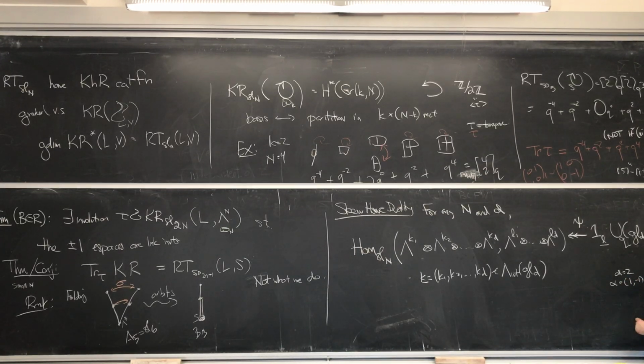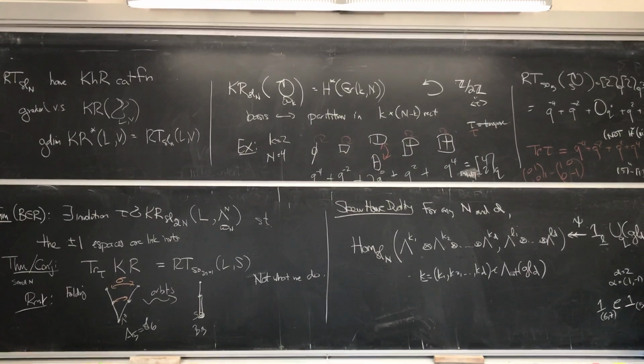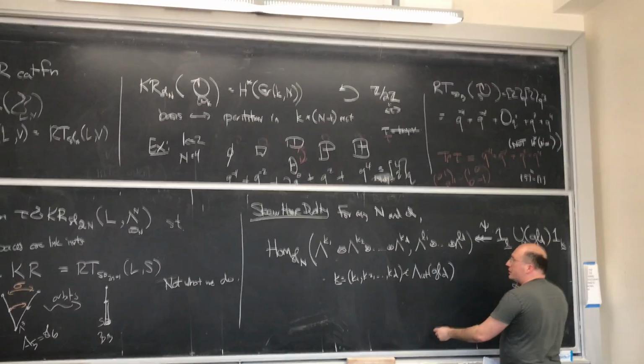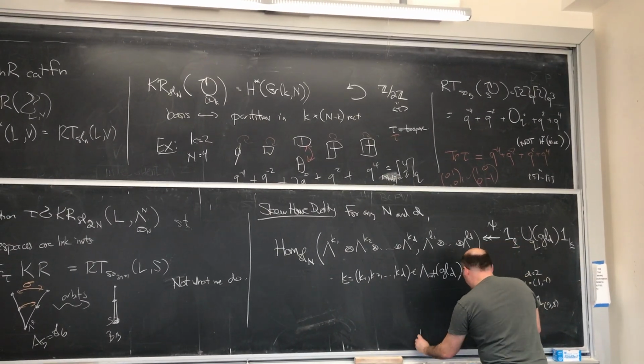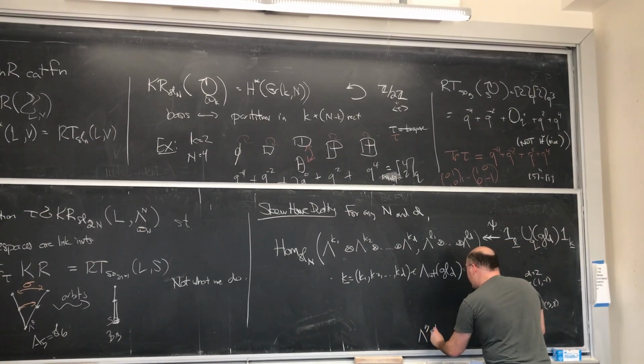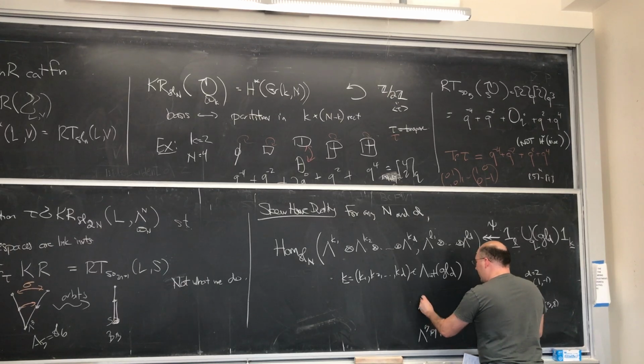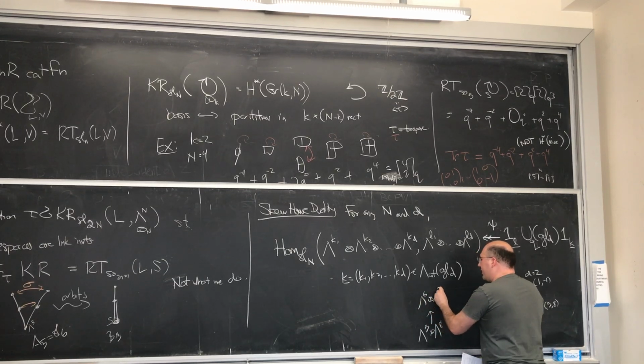And so the raising operator, E, would send something in weight (5, 8) to something in weight (6, 7). It would add 1 to this coordinate, subtract 1 from that coordinate. I claim to that raising operator, I should be able to associate a map from wedge 5 tensor wedge 8 to wedge 6 tensor wedge 7.